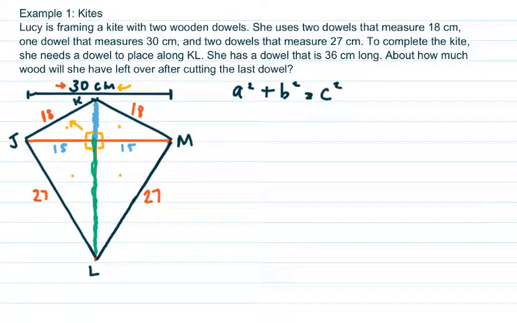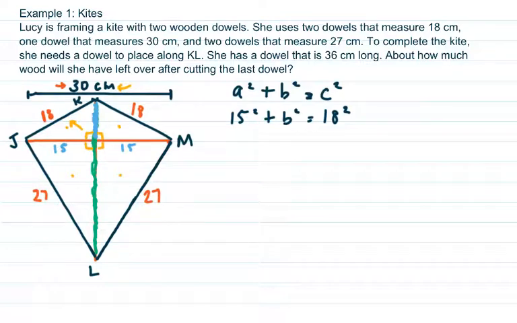c squared, which means I have, I'm just going to say 15 squared plus b squared, which is the side I don't know, equals 18 squared. Okay, so I have to find out what all of that is.